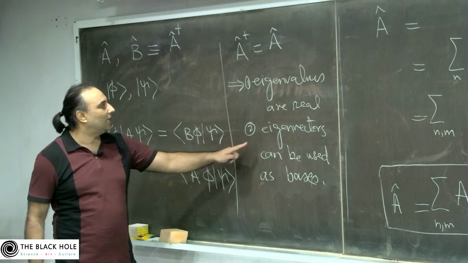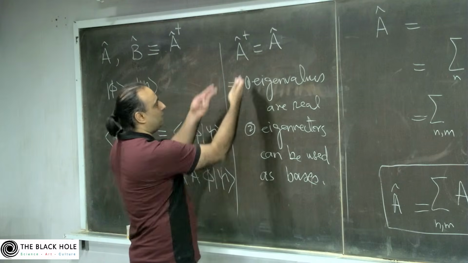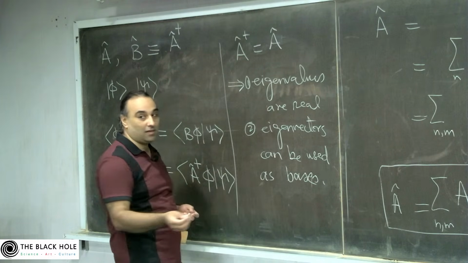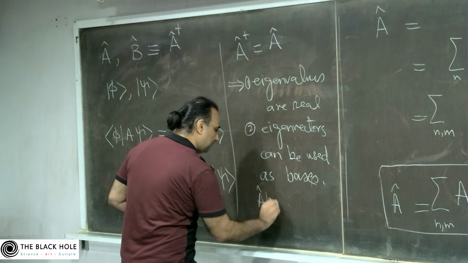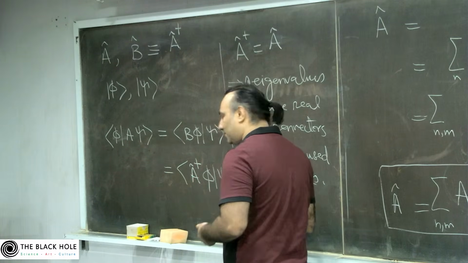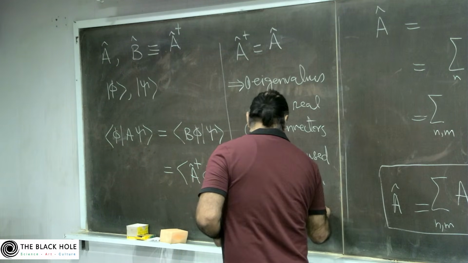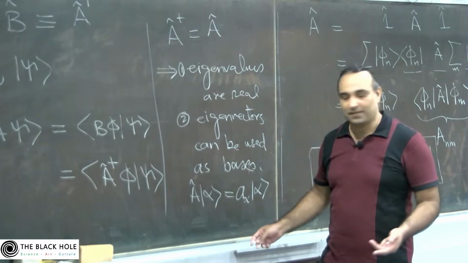So that means that if the eigenvectors of A are, say, alpha, with eigenvalue, let me use this symbol, A alpha, then these alpha will make a complete set.